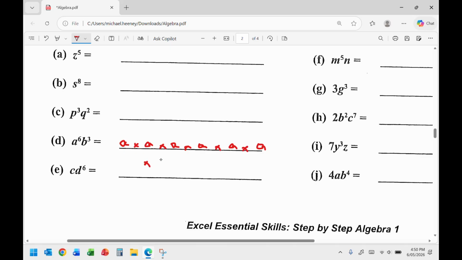And we've got 3 b's. 1, 2, 3. There we go. a to the power of 6, b cubed. Everything's just been multiplied together. Wow, that b on the end looks shocking. A little bit better. Okay, so we've got 6 a's multiplied along with 3 b's. It's all been multiplied together. And there we go.